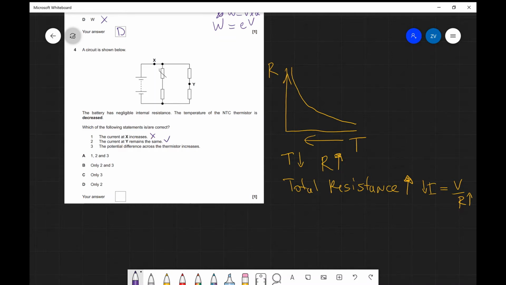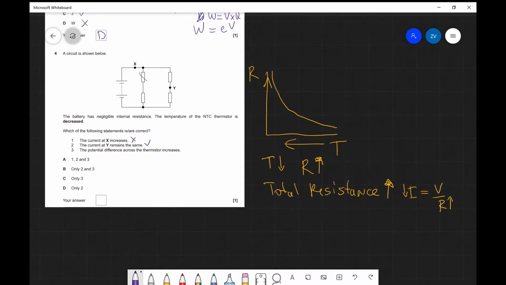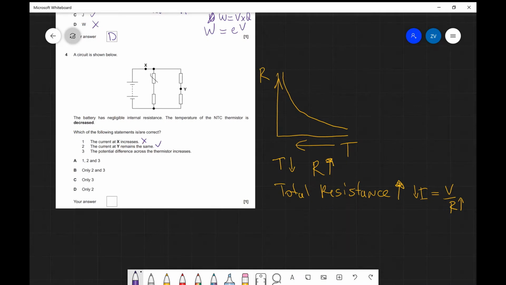3, the potential difference across the thermistor increases. Okay, well, let's have a think about this. We know that the current will decrease. And let's have a look at the voltage across this fixed resistor. This is equal to IR. R is fixed for this resistor.